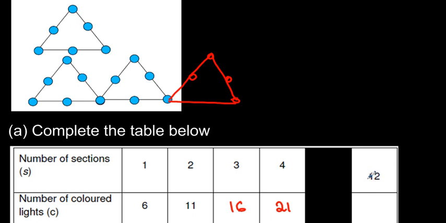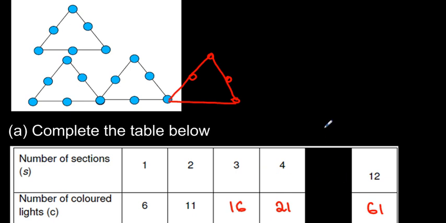You might have a space through here and be asked to fill in maybe 10, or in this case 12. So what I'm having to do is to go from 2 to 4, it's going up by 10. 4 to 6 is going to take me to 31. To 8 is going to take me to 41. To 10 is going to take me up to 51. And to 12 is going to take me up to 61.